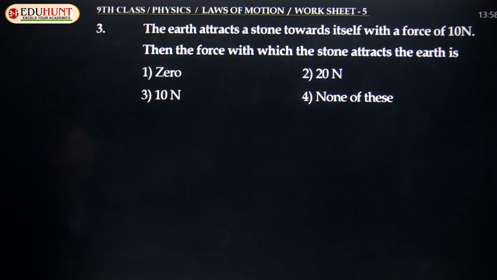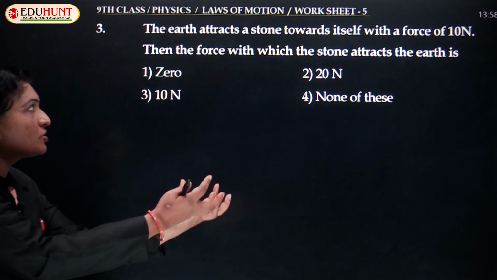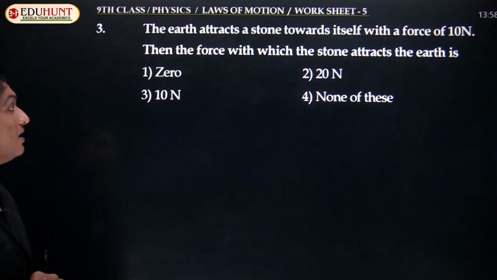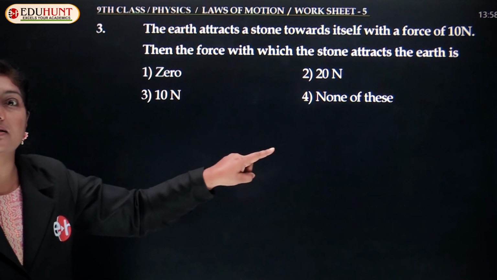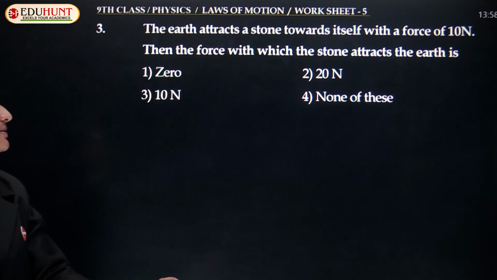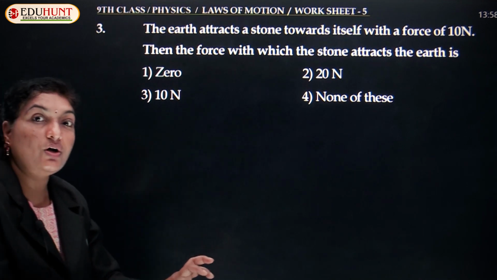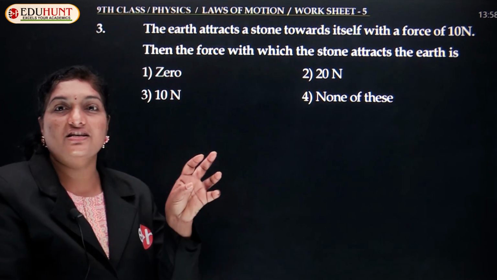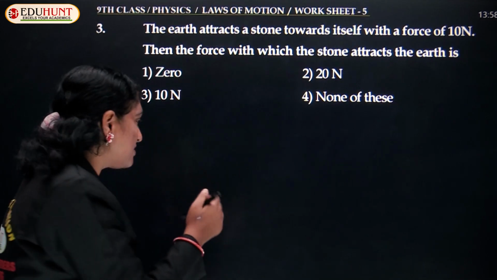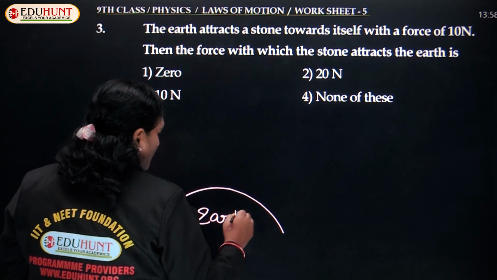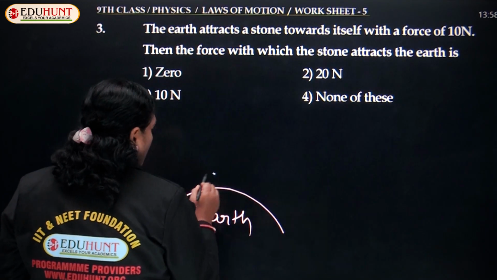Now moving to the third question. The earth attracts a stone towards itself with a force of 10 newtons. Then the force with which the stone attracts the earth is... For every action there must be an equal and opposite reaction. Here you take the earth and here you consider a stone.